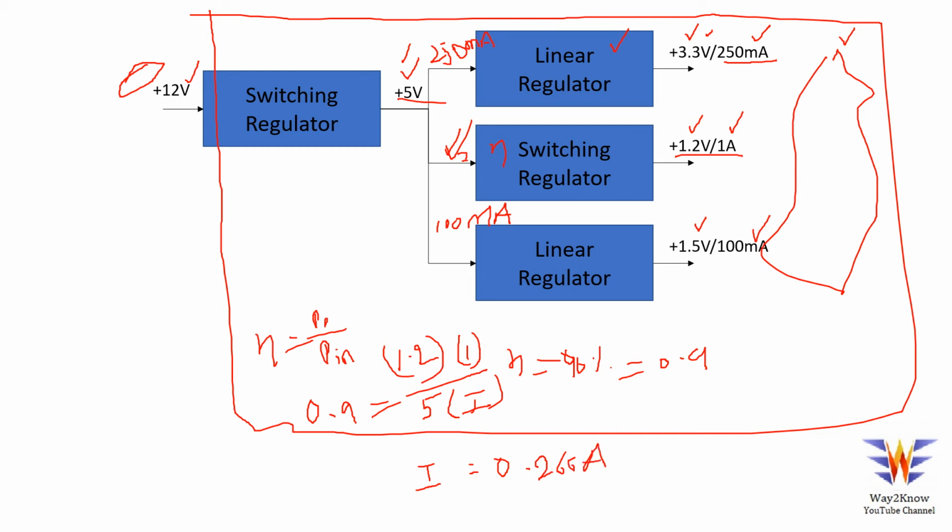So that means this linear regulator takes 250 milliamps. This takes 266 milliamps, which is nothing but 0.266, and this takes around 100 milliamps.